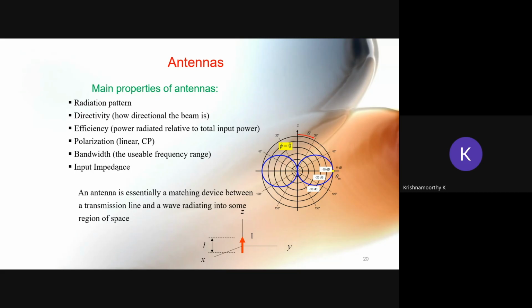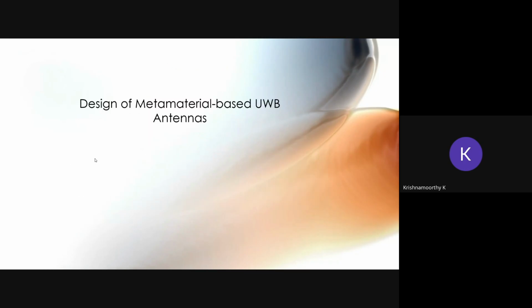If these values are known, then we can design the particular antenna. Mainly the directivity, gain, and bandwidth are the inputs for the antenna designers. Using these specification values, we can design the antenna for particular applications.